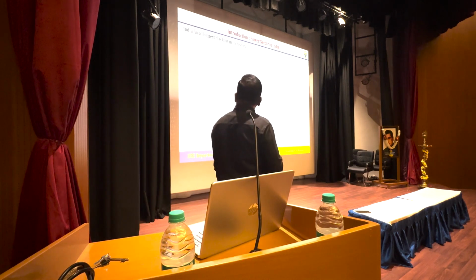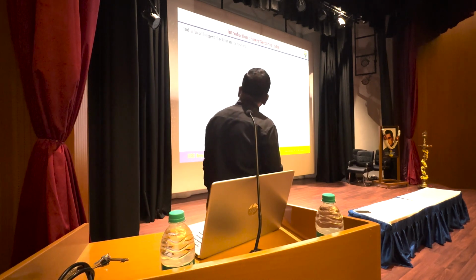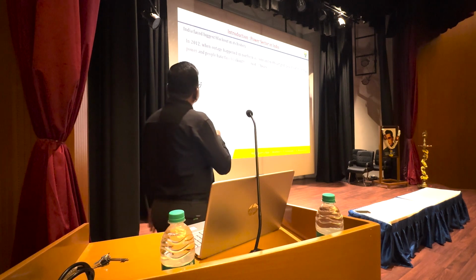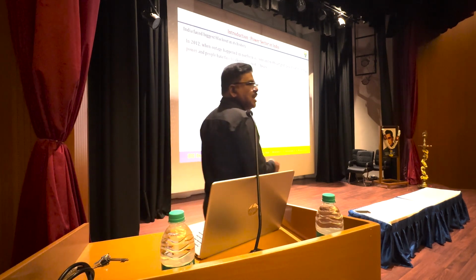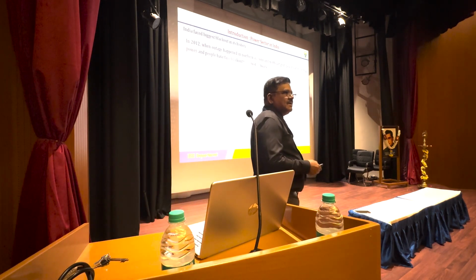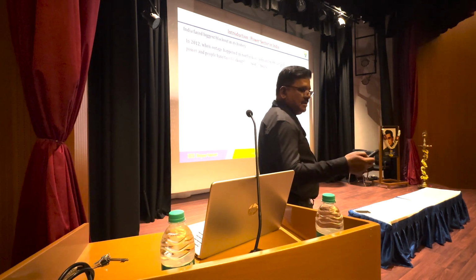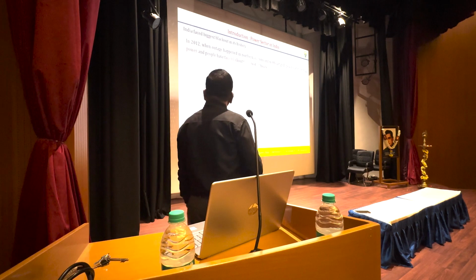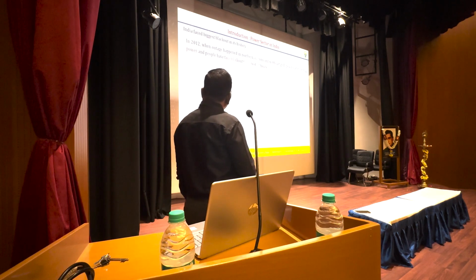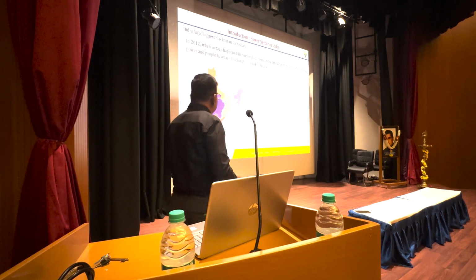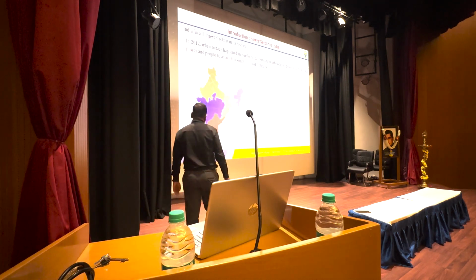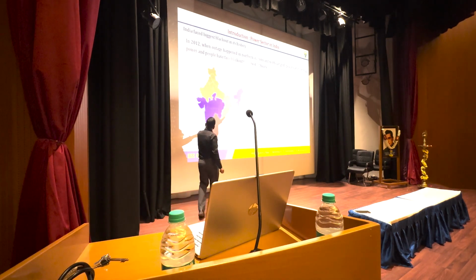This is the biggest blackout that has happened in history, in 2012. First it happened in the northern grid, then it spread to the eastern grid, then the northeastern grid. 3 grids have failed. You can see here the 5 regional grids: southern, western, northern, eastern and northeastern.